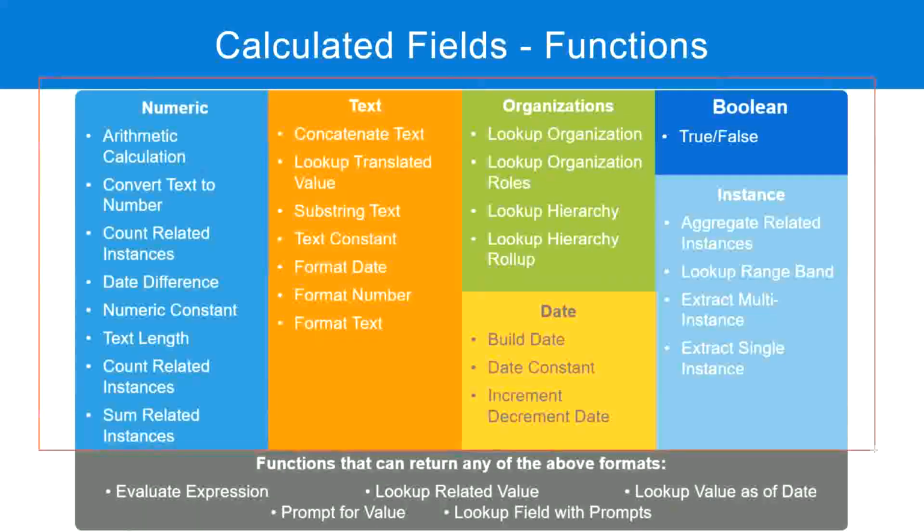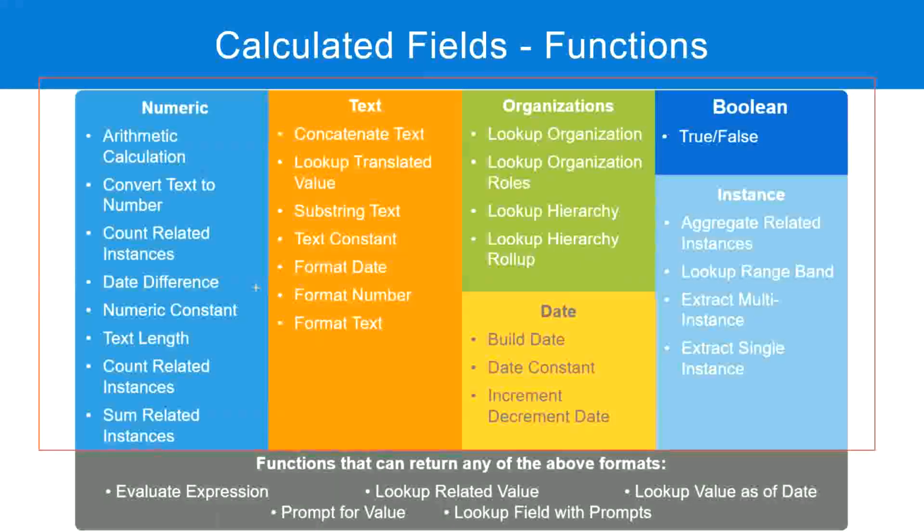These functions will return a fixed format output. And when you do an arithmetic calculation, it will always return a number. If you do a concatenate text, the result will always be a text field, correct?